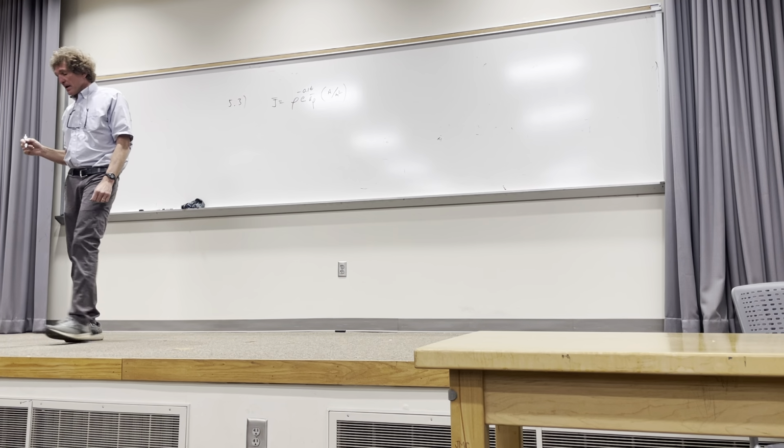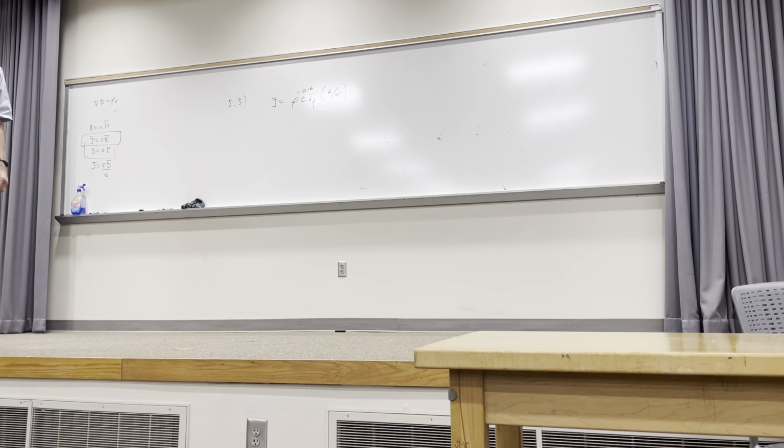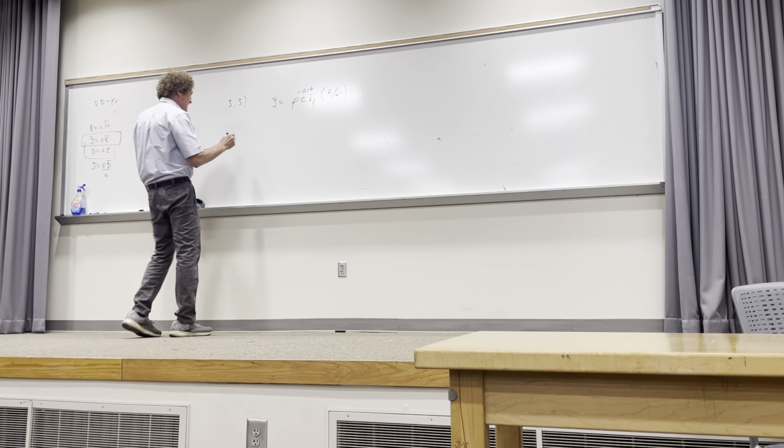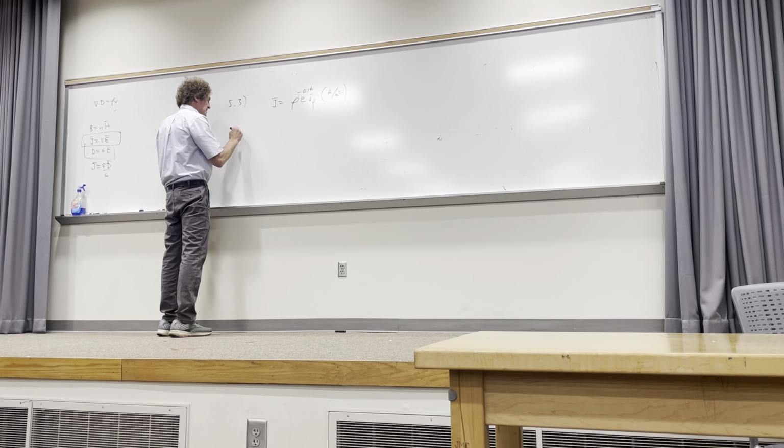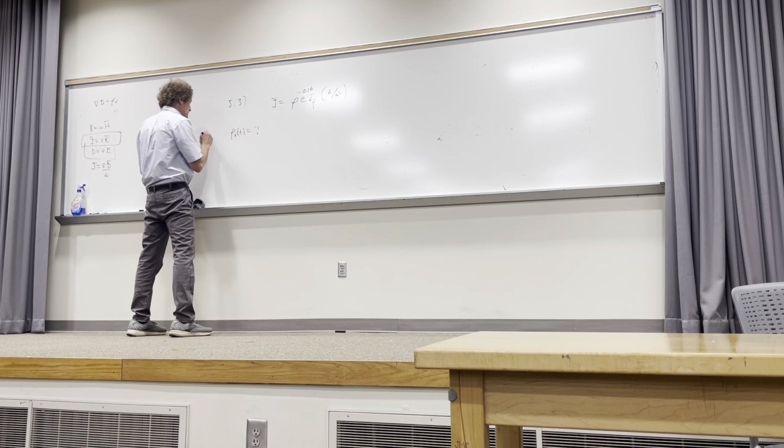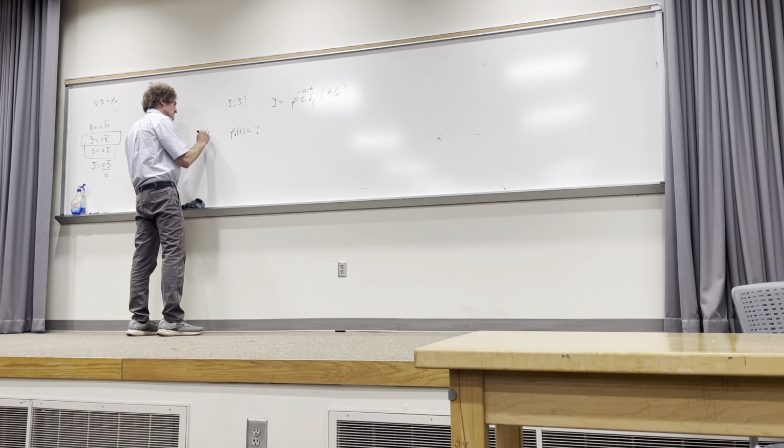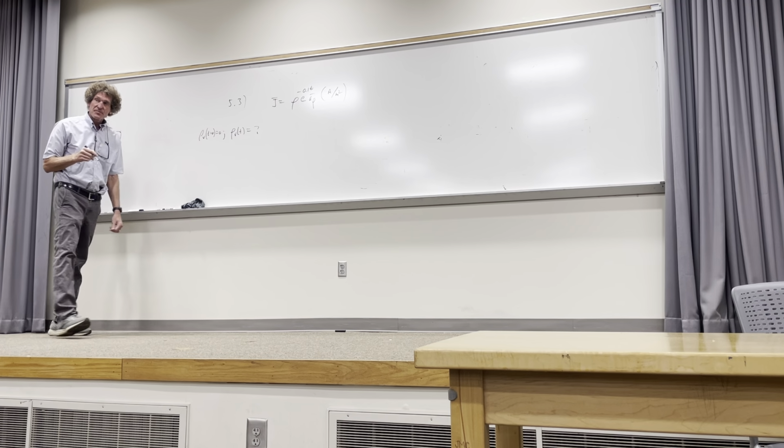Now, for this problem, what they're looking for is the charge density as a function of time, assuming rho v at t equals 0 is 0. Are you with me on this, class? So how do we do it?